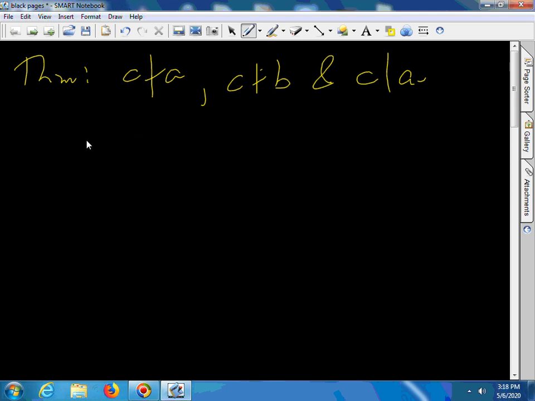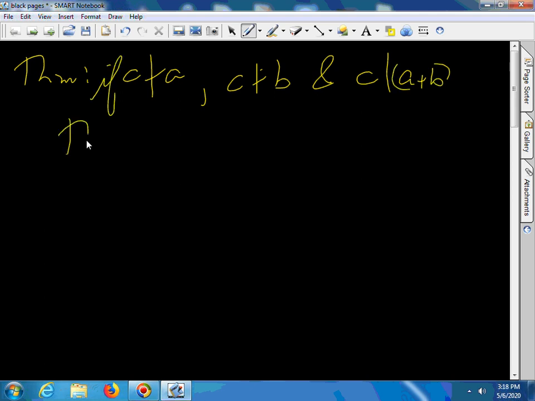Okay. So let's write this up as a theorem. Suppose C doesn't go into A, C does not go into B, and C does go into the sum.